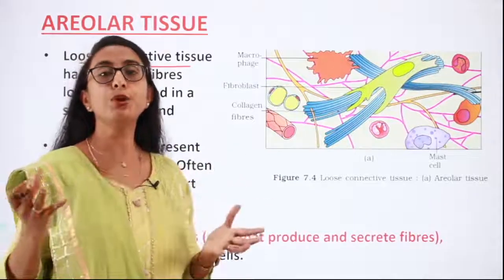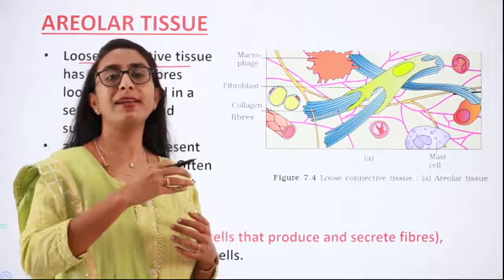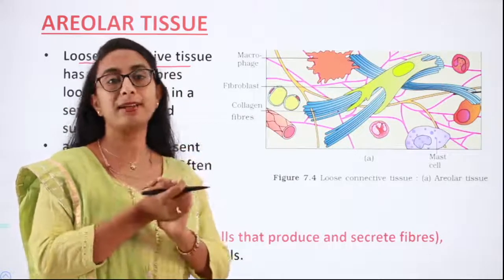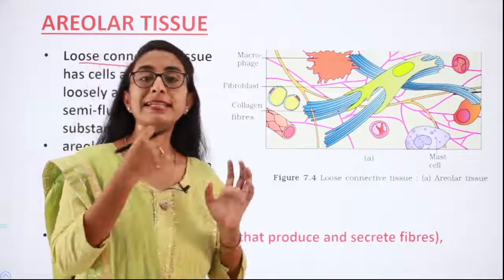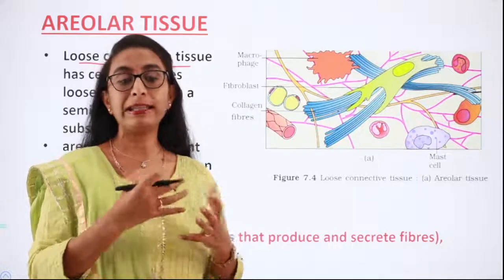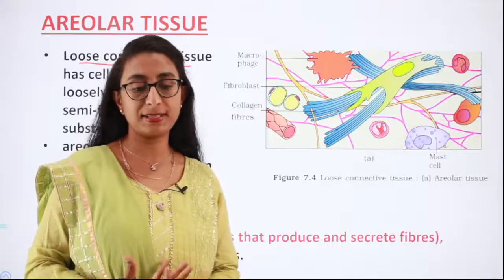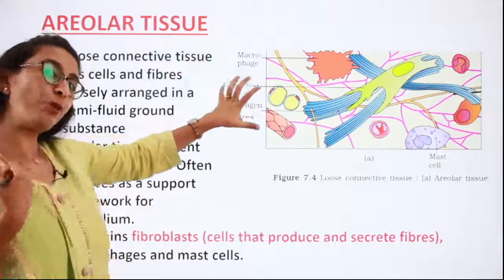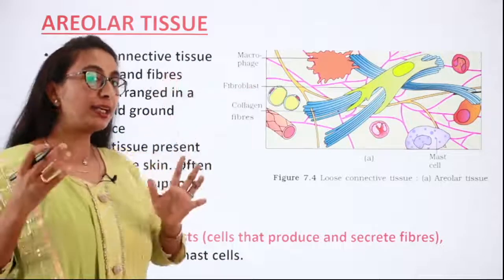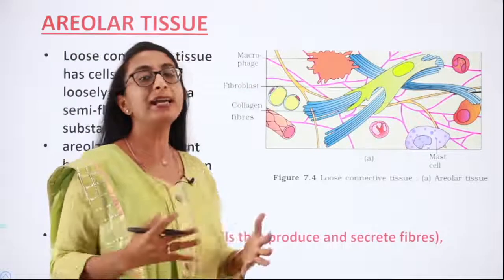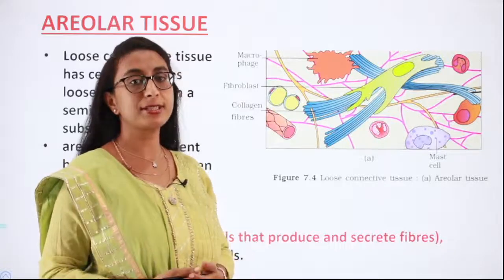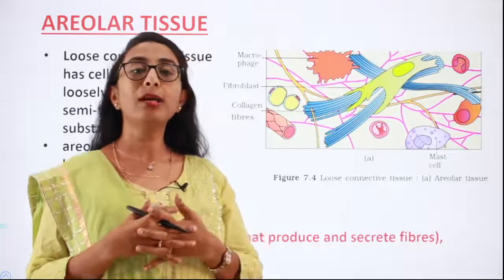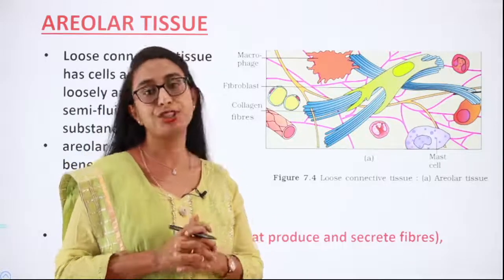So the matrix is huge and the cells are very loosely arranged. They are not dense or compactly arranged. This is what we understand by this statement. So this is the loose connective tissue. Did you understand what we mean by loose connective tissue? In the loose connective tissue, the cells are loosely arranged in a ground substance or matrix. The examples for loose connective tissue are areolar tissue and adipose tissue.